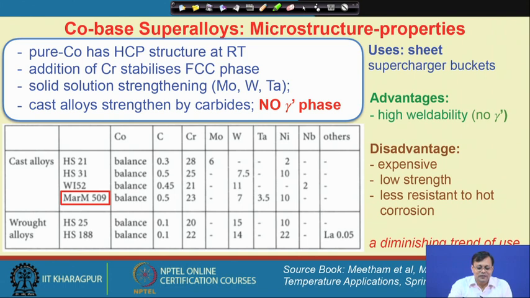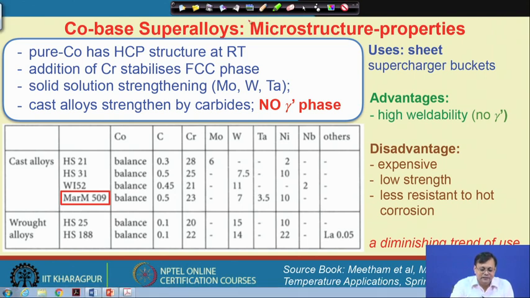So, in case of cobalt, we add chromium which stabilizes the FCC matrix phase in cobalt based superalloys. Now, if we look at the composition range, you will see the chromium range is very high.